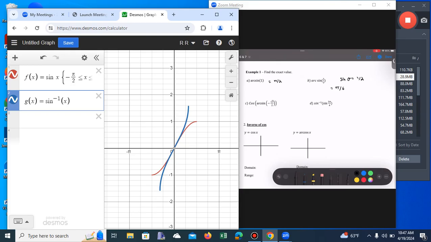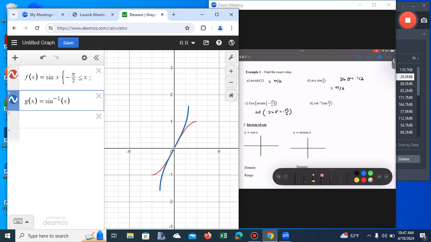If we want to find cosine of the arc sine of negative square root of 3 over 2, we will look at this as sine of theta equaling negative square root of 3 over 2. We're trying to find the theta that we're going to take the cosine of.